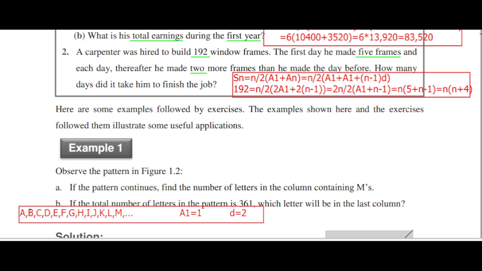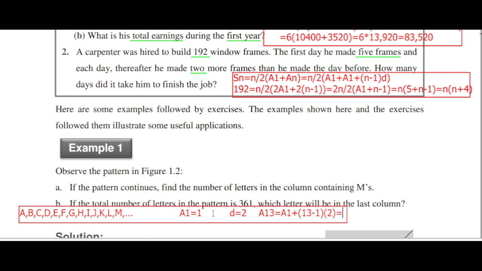a13. 1, 2, 3, 4, 5, 6, 7, 8, 9, 10, 11, 12, 13. Let's calculate it. a13 is equal to a1 plus 13 minus 1 times d. d will be 2.